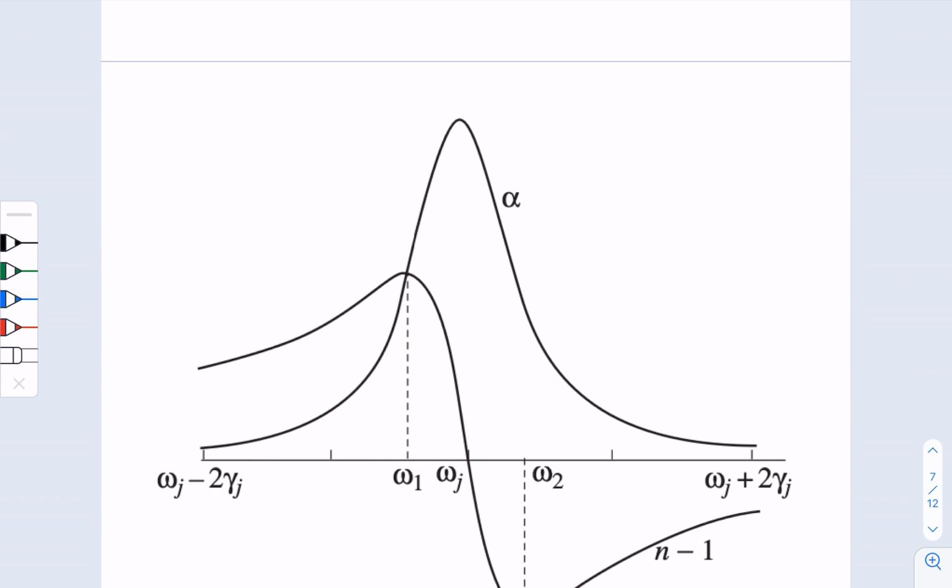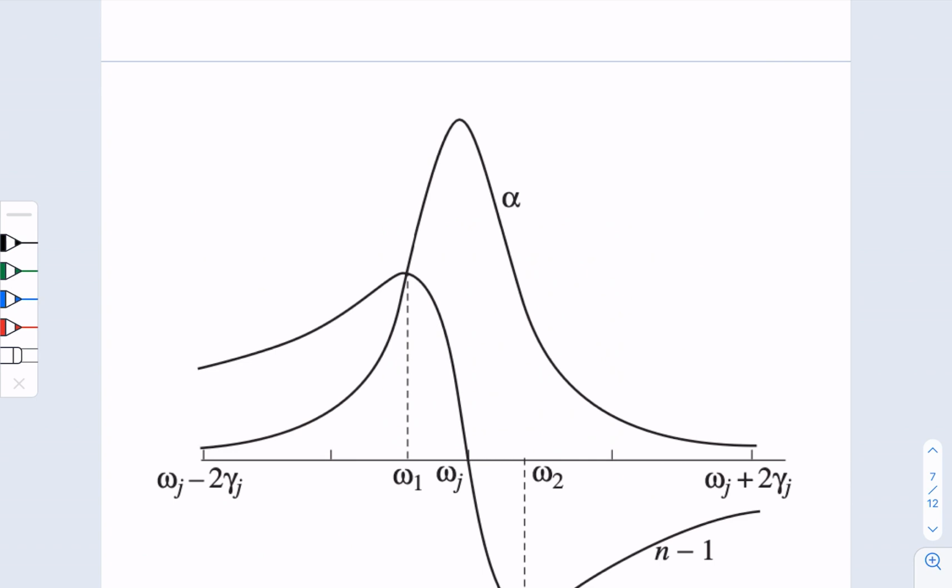So imagine that we have some material that has internal energy levels exactly at omega j, and your incoming light is also at omega j. Then at this frequency, the matter will absorb the incoming light, and it will make spontaneous emissions.